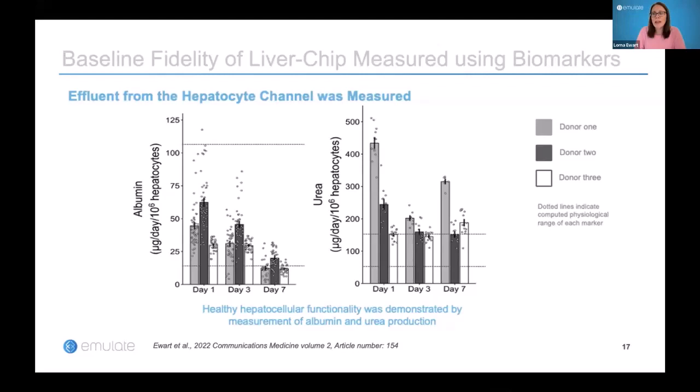By the time we get to day 7 on the chip, we're about day 12 or 13 in culture, so these hepatocytes are getting on. On the right-hand side, you can see that our urea production, especially in donor 1, exceeds what we would expect to see physiologically. This is a phenomenon we don't fully understand yet, but nonetheless, it does indicate that these hepatocytes are functioning in a healthy way.